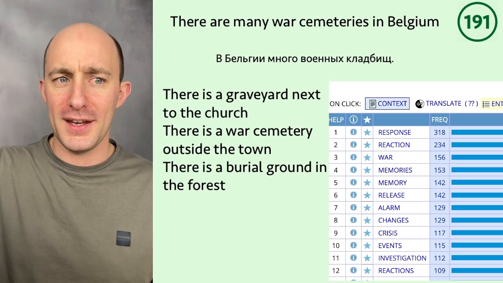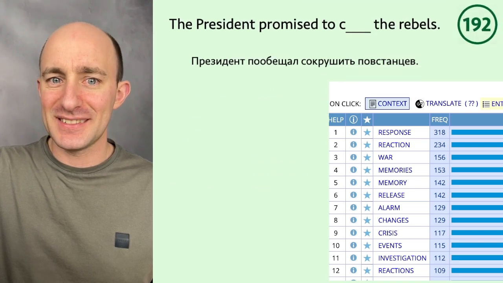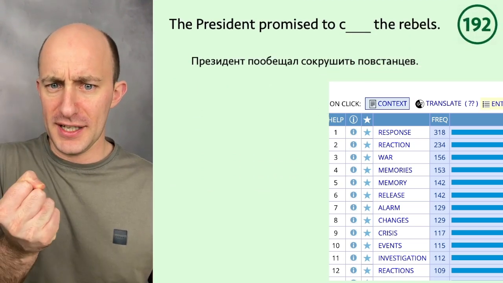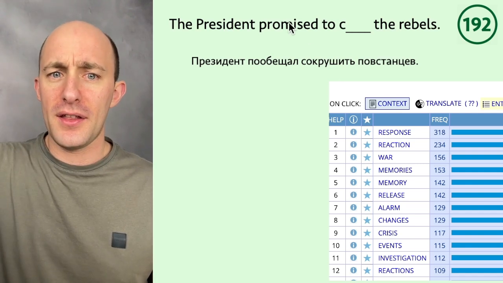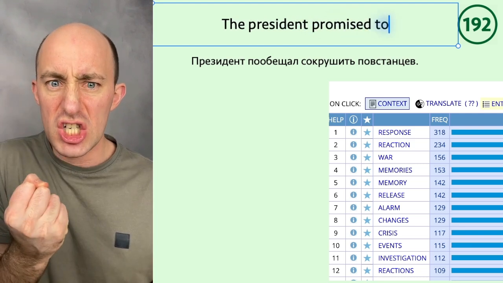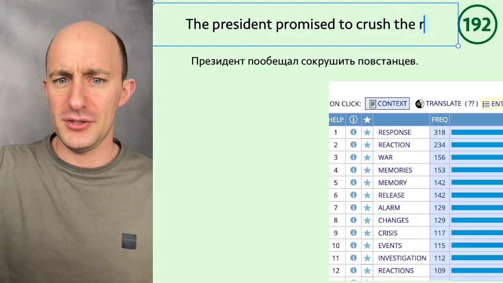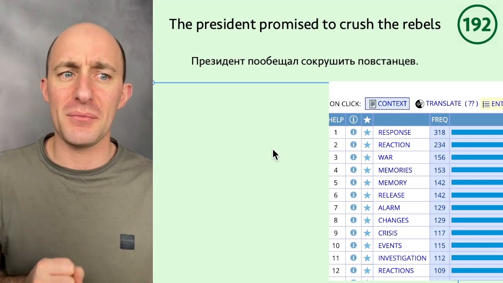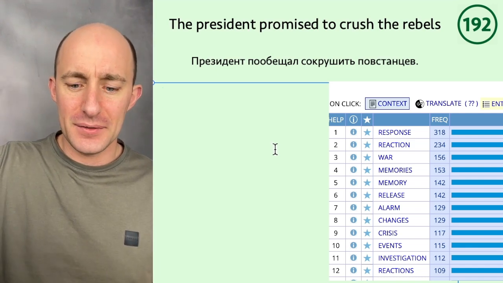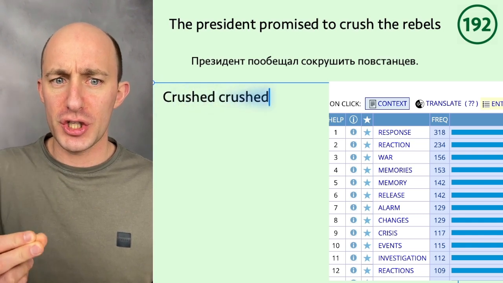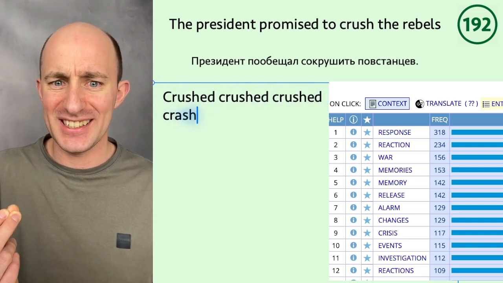Next one. Президент пообещал сокрушить повстанцев. The president promised to crush the rebels. To crush something. Crush. Crushed. Crashed. Crushed. Crashed.